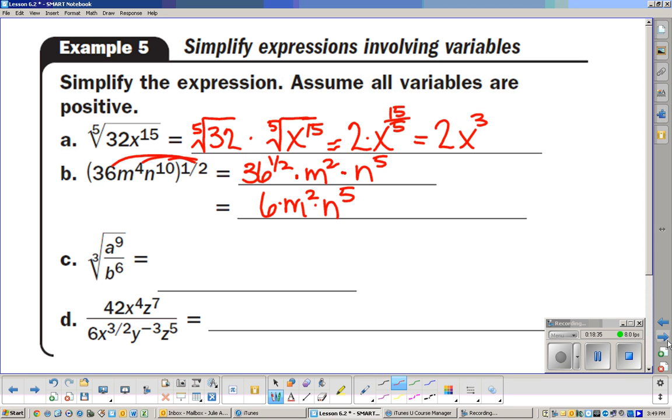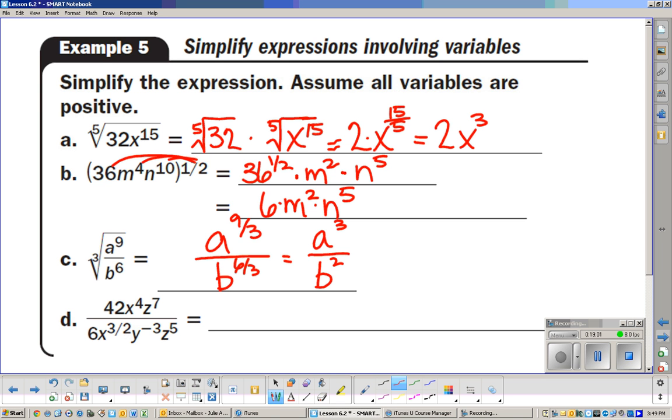So what I'm going to do is I'm going to convert the problem to fraction exponents. So my exponent is 9, my root is 3. On the bottom, my exponent is 6, and my root is 3. So look what I have on top. 9/3, well, that's just a to the third. And on the bottom, 6/3, well, that's just b to the second.